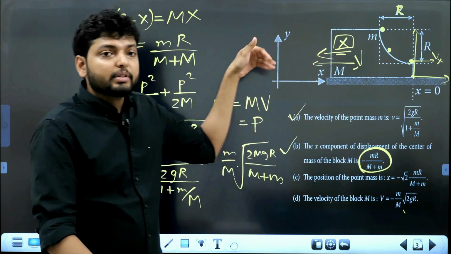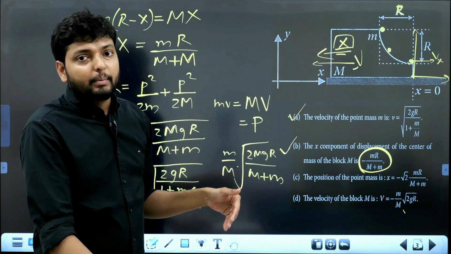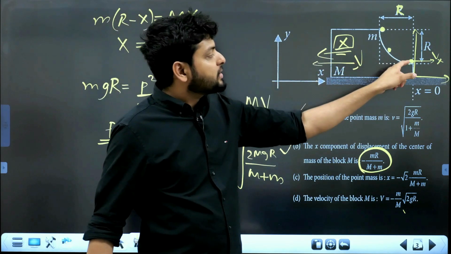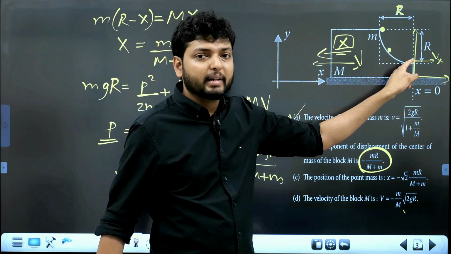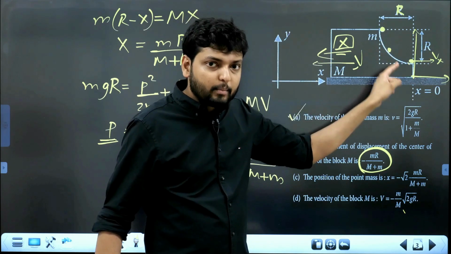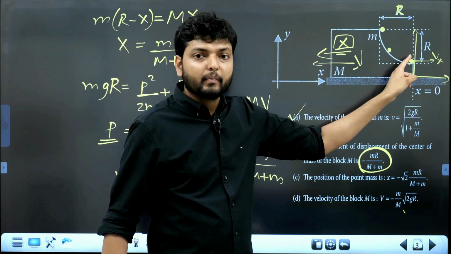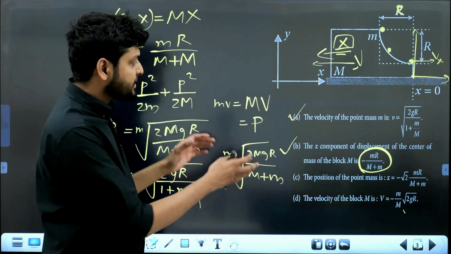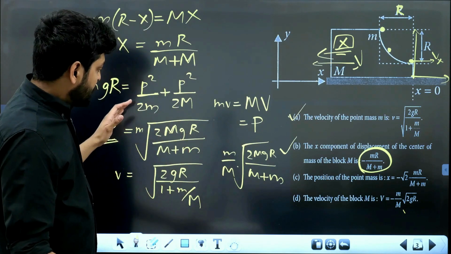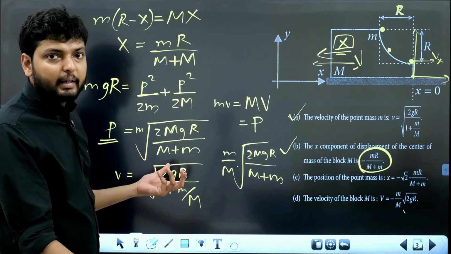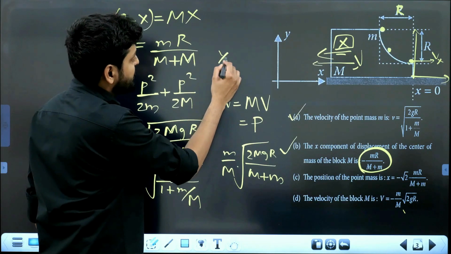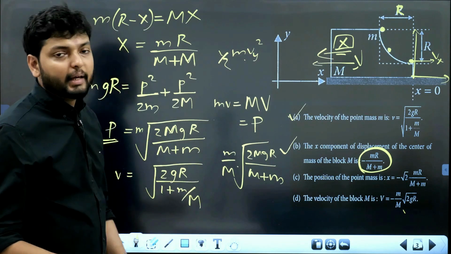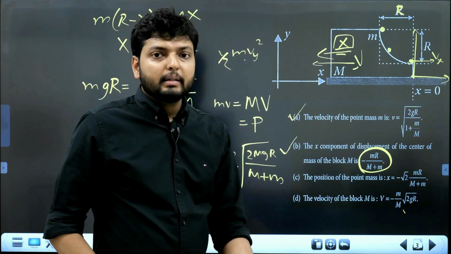Then the process will be more complicated. But we can relate this momentum and energy like this only because the velocity at the lowermost point where it just loses contact with the block will be only in the horizontal direction, right? So that is one interesting observation that you should carry forward, right? Otherwise there will be a component, I mean in kinetic energy there will be a term like this. This will also have to be accounted for, right?